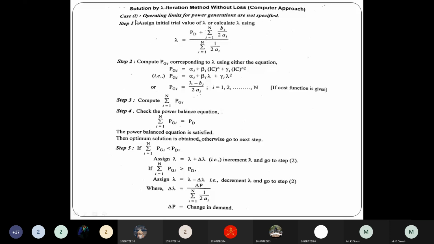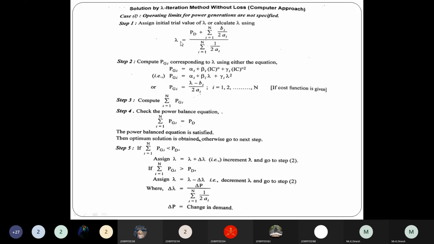In the first case, operating limits for power generation are not specified. Based on this flowchart algorithm, step number 1 is to assign an initial trial value of lambda. As I mentioned in the previous class, lambda is nothing but your cost analysis function.